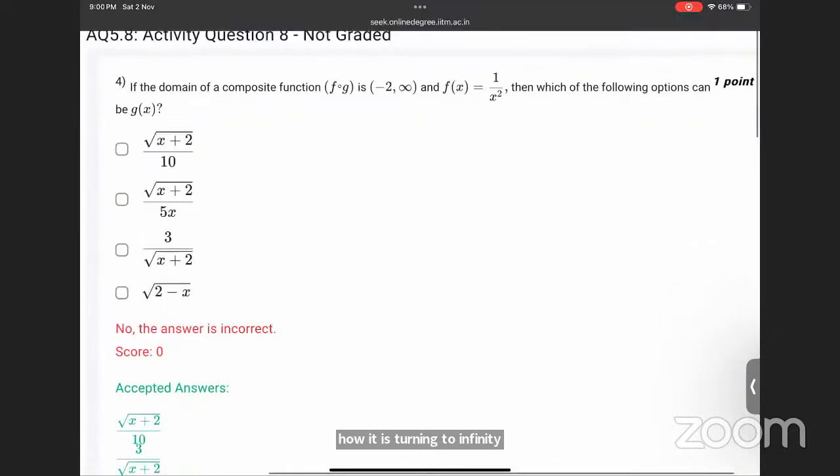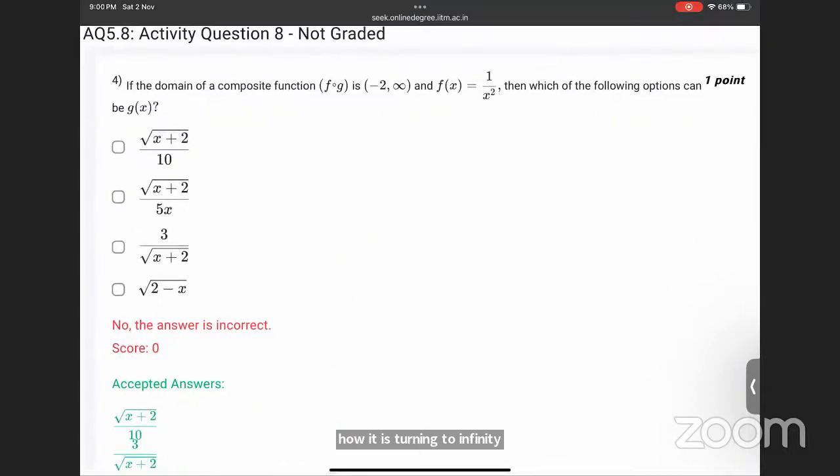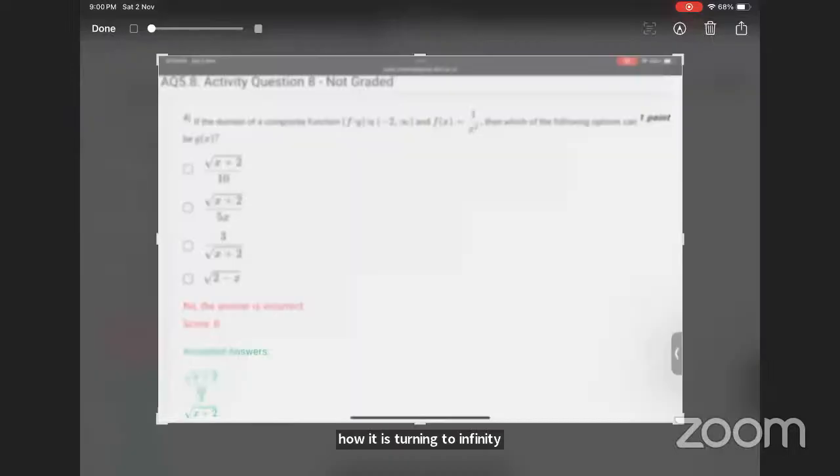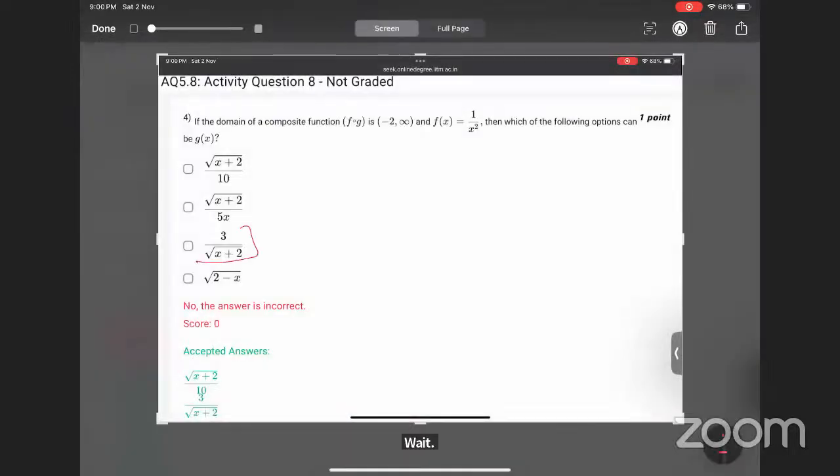Okay. When it tends to -2, wait. If we take this function and x tends to -2, then x plus 2 will be tending to 0 from the positive side, right?